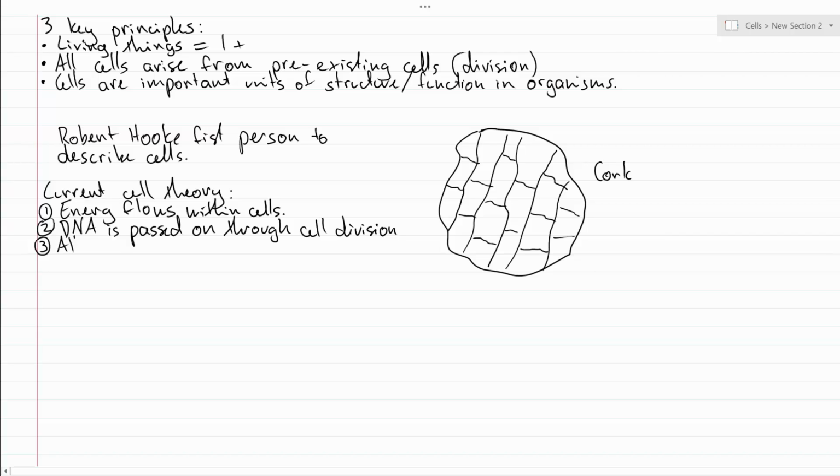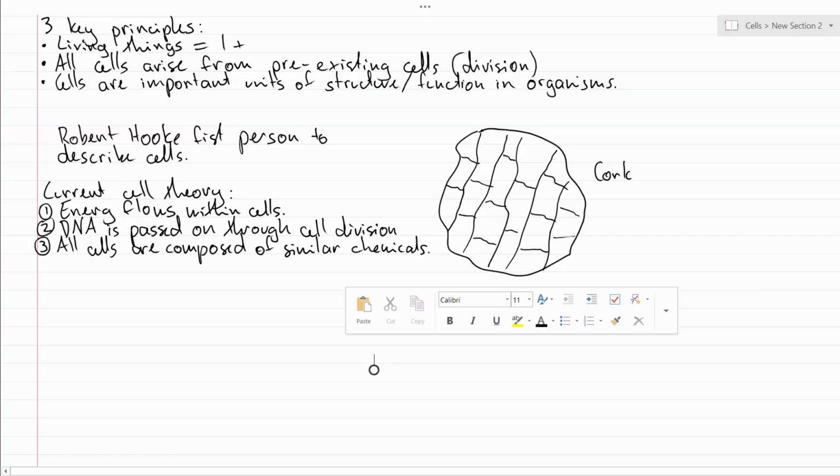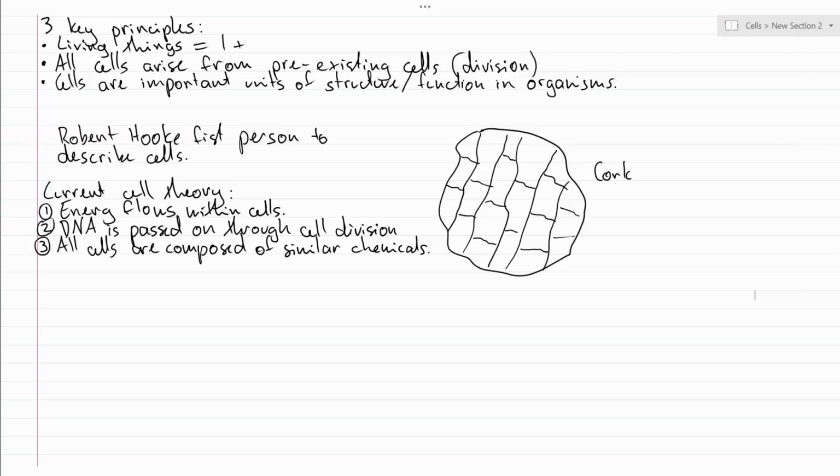And also, all cells are composed of similar chemicals, similar combinations of chemicals that we can call macromolecules. These similar chemicals make up all cells. So all cells, even if they're quite different in appearance or structure or function, are going to have a lot of similar elements within them. So there's the basics to cell theory.